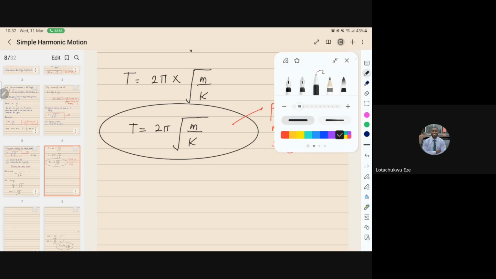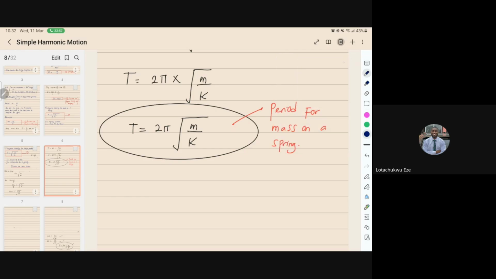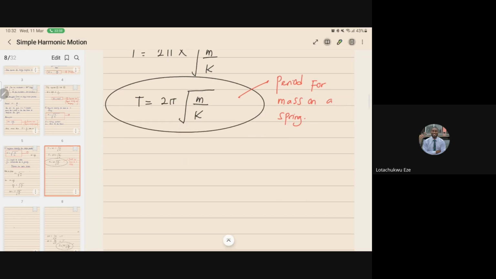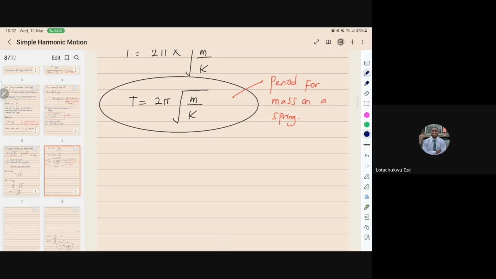If you're still with me to this point, can you give us a thumbs up so that we can continue? Well done. Let's look at the period of mass on a spring. Let's look at the period of a simple pendulum.